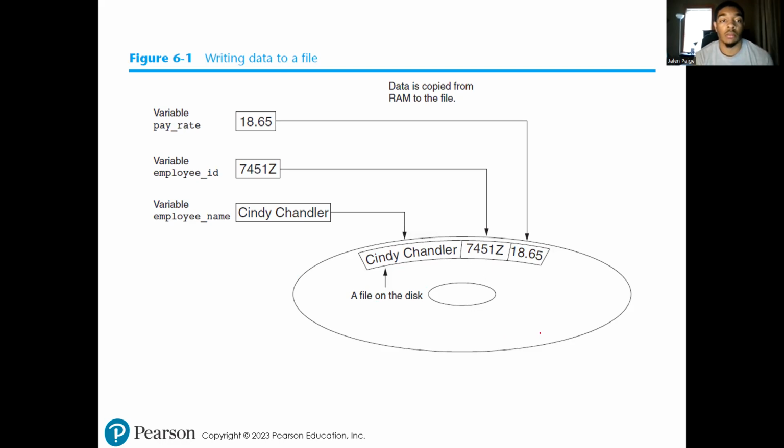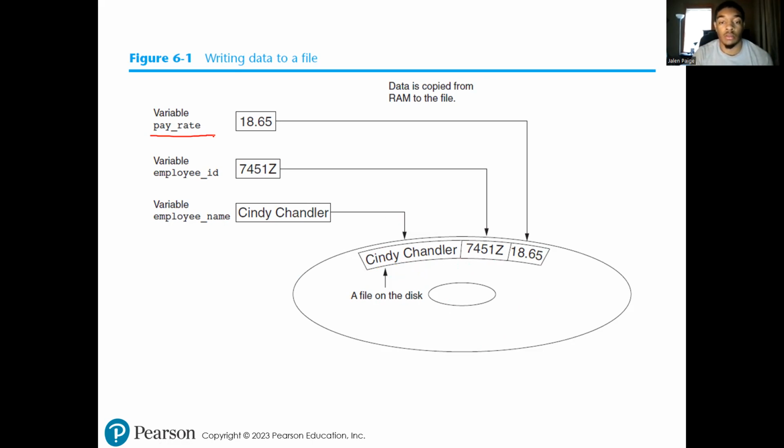Now let's go back. This is just a little diagram that makes it easier to visualize how the data is stored on a file. And this is a disk. Whenever you store data to a file, this is generally what it's going to look like. Obviously it's not identical to how it's stored, but it's just so it's easier for us to understand how this whole action is happening.